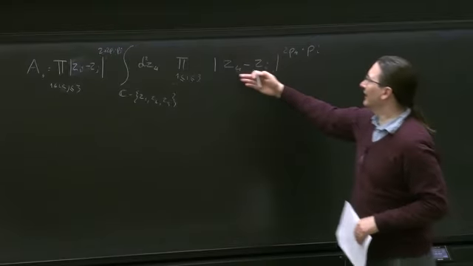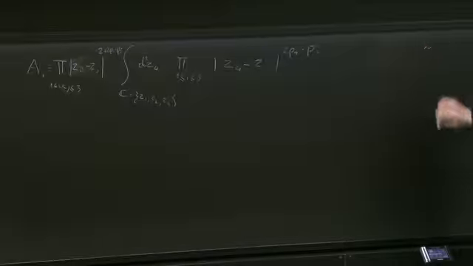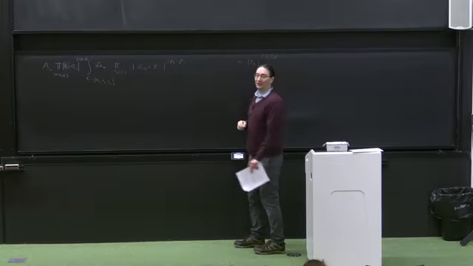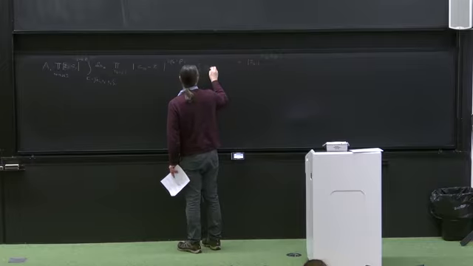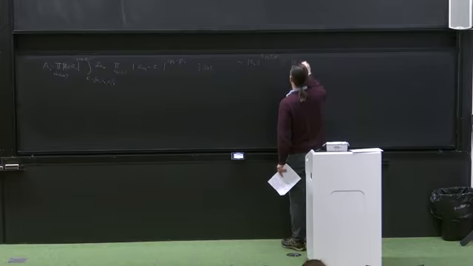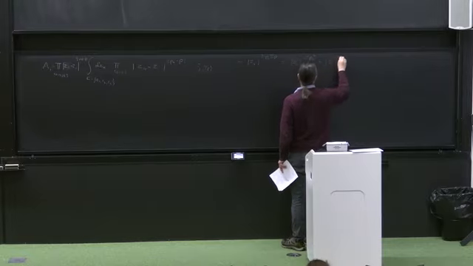How does this behave at large z4? It depends on what the 2 times p4 dot p_i is. Yeah, so it's something like z4 to the 2 p4 times the sum of the p_i's. But by momentum conservation, which I of course forgot to write, this is the same as z4 to the minus 2 p4 squared, which is z4 to the minus 4.